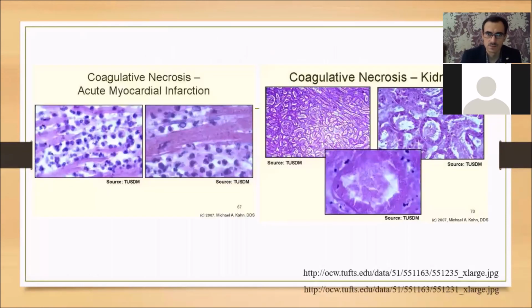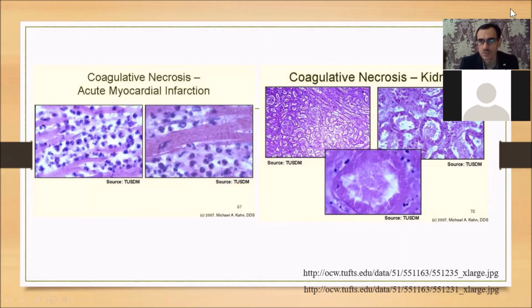For example, here you see the coagulative necrosis of the myocardium, the cardiac muscle cells, or the dry necrosis of the kidneys, for example, during toxic nephrosis.